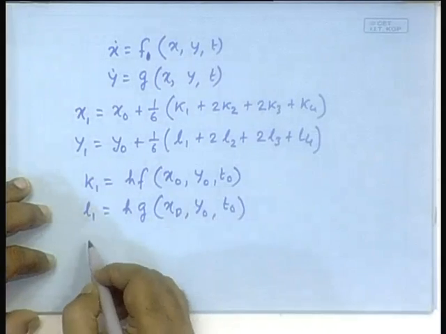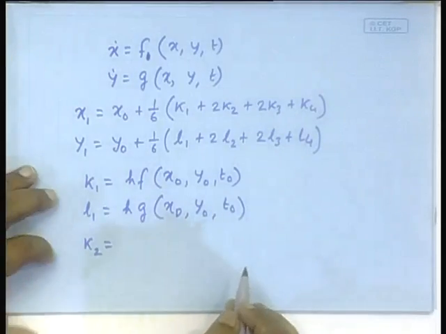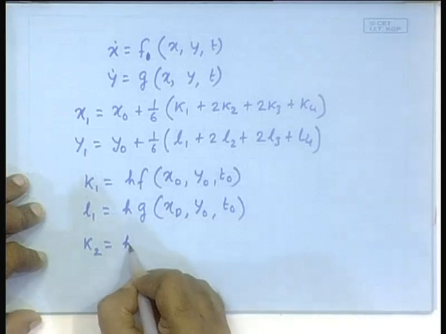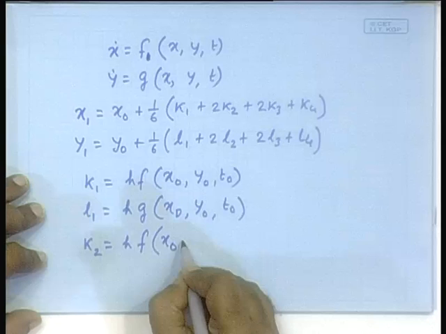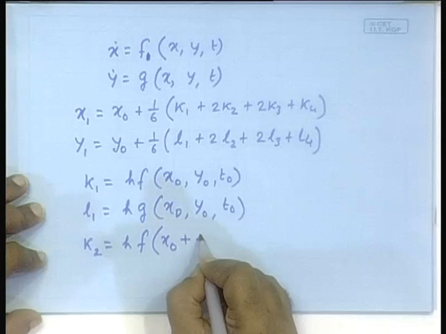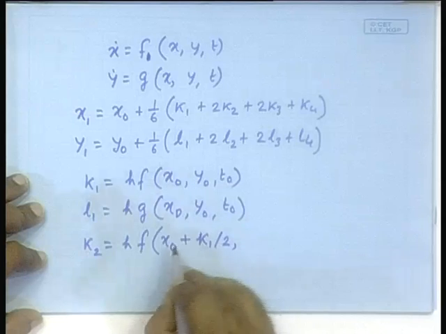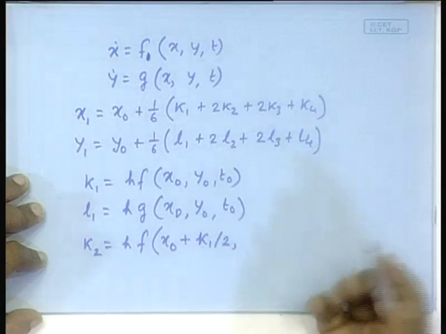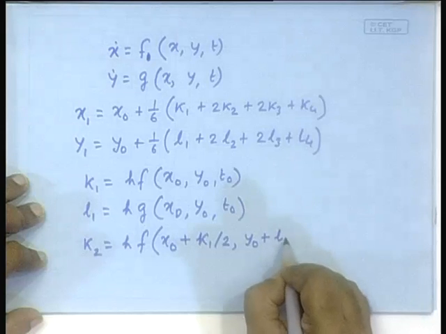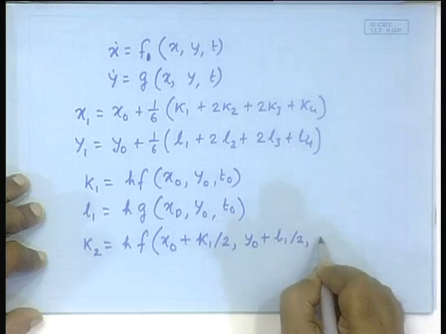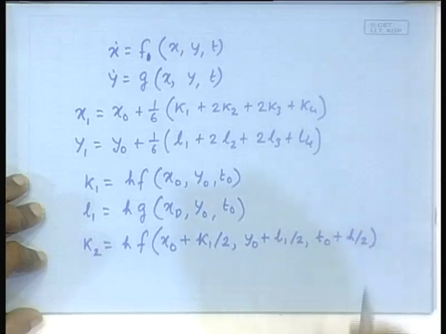The next step, k 2 is h f of x naught plus k 1 by 2. This has to be also written in terms of y naught plus L 1 by 2, t naught plus h by 2.